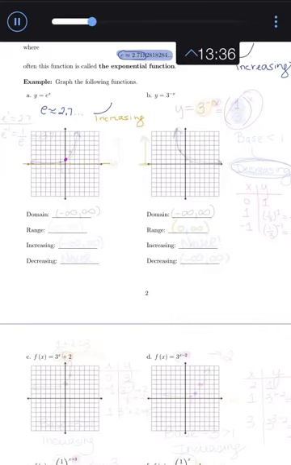Now, I've only got 1 point here, especially because of my math lab. Let's do more than 1 point. Let's also plug in a point to the left and to the right of the 0 point. So we'll plug in, let's say, -1 and +1. Well, if we plug in +1, we will get e to the first power, which is about 2.7. So that means if I were to graph this as a point, if I go over to 1, I'd be up at about 2.7.